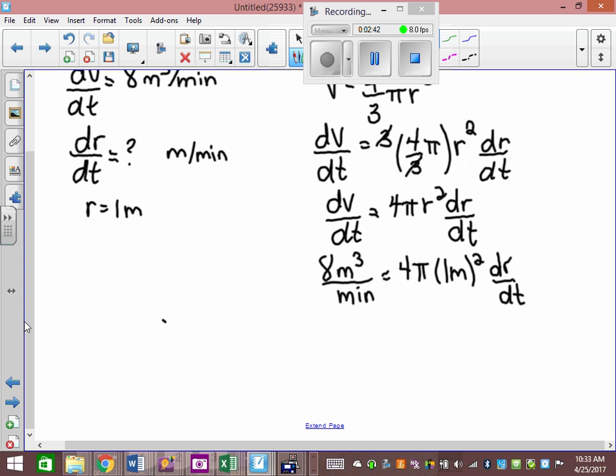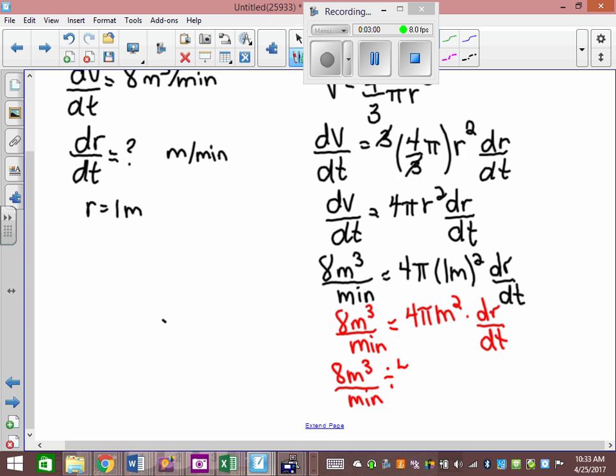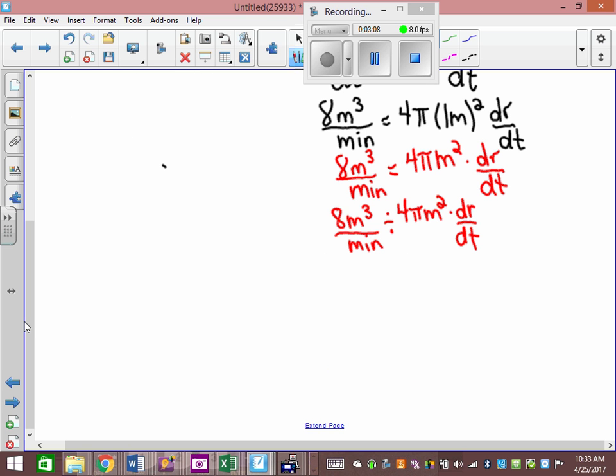So, 8 meters cubed per minute equals 4 pi meters squared dr dt. You get 8 meters cubed per minute divided by 4 pi meters squared, so you multiply by 1 over 4 pi meters squared, and that equals dr dt.